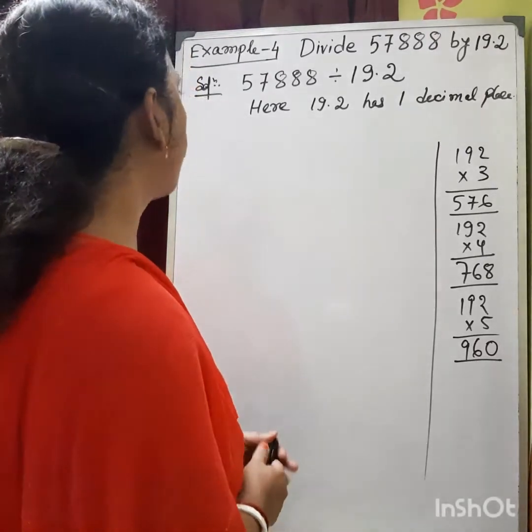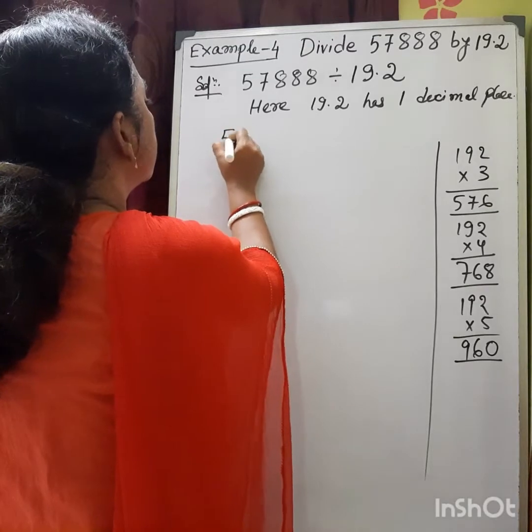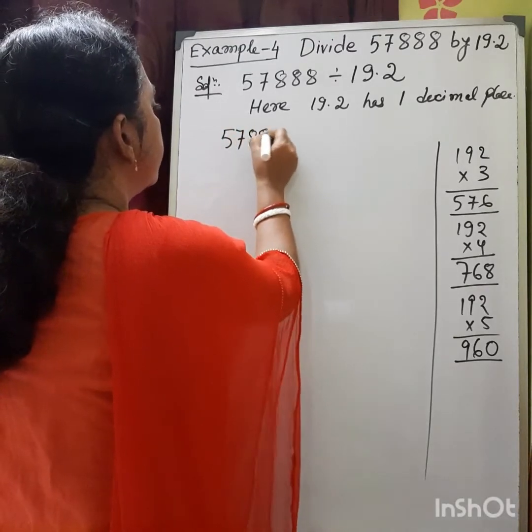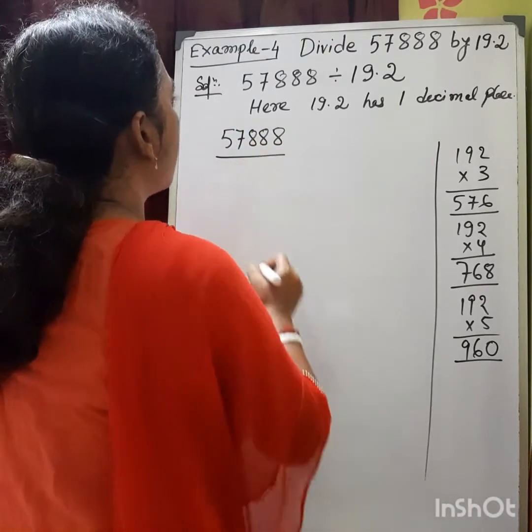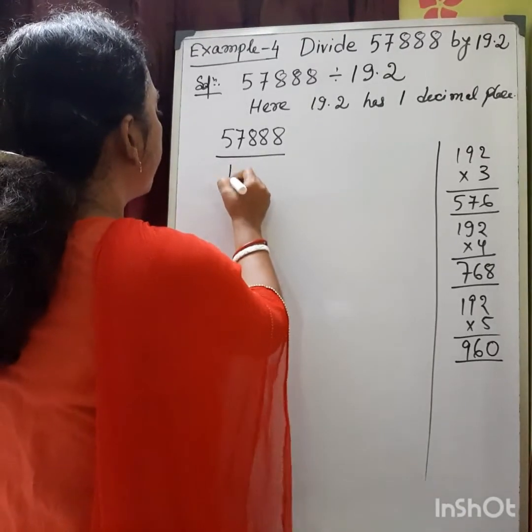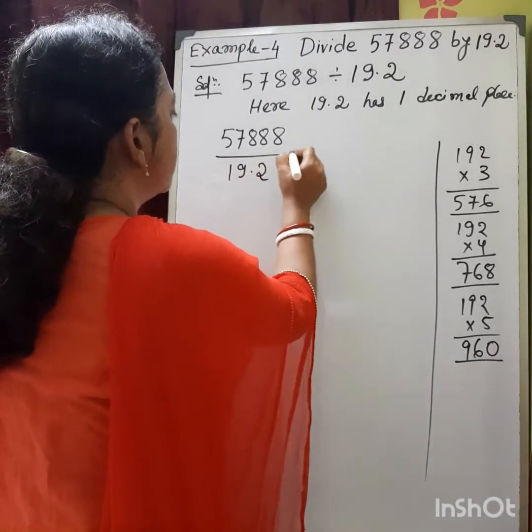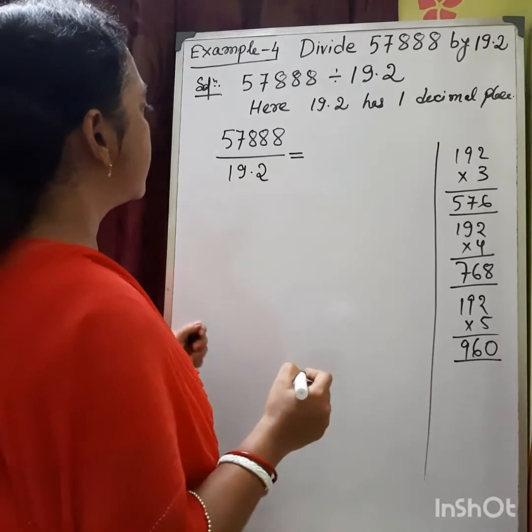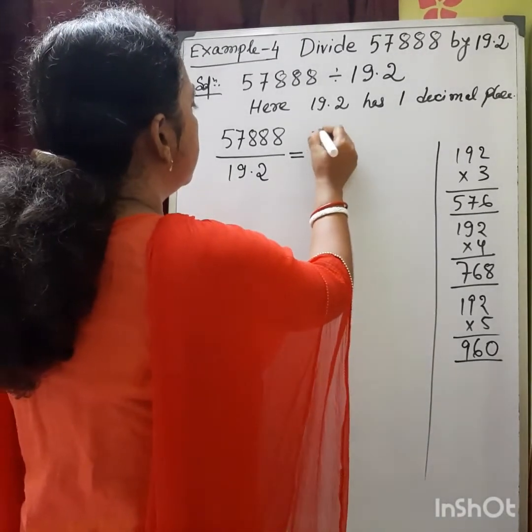So let us see what happened. 57,888 divided by 19.2. Let us multiply the dividend and divisor both by 10.